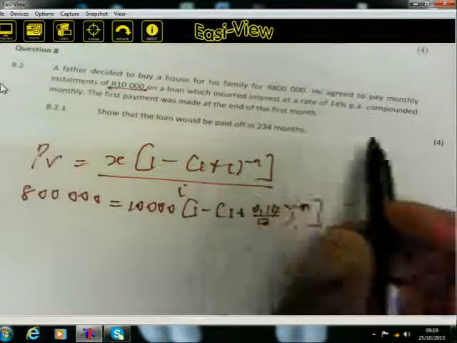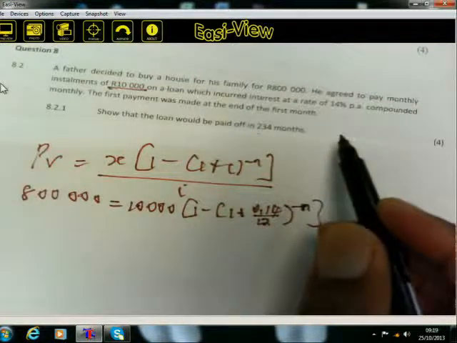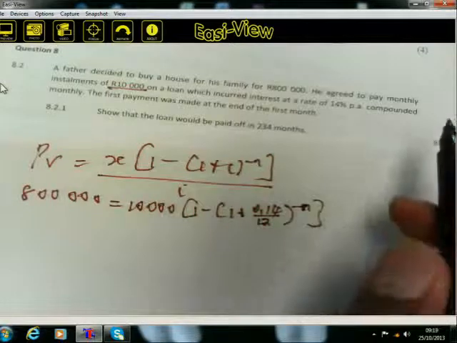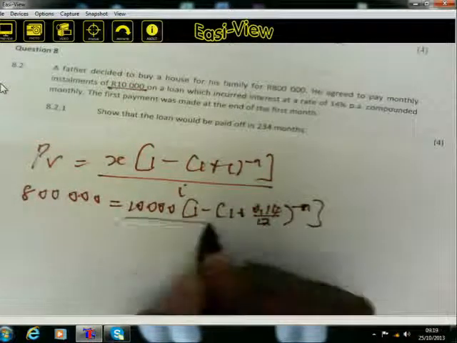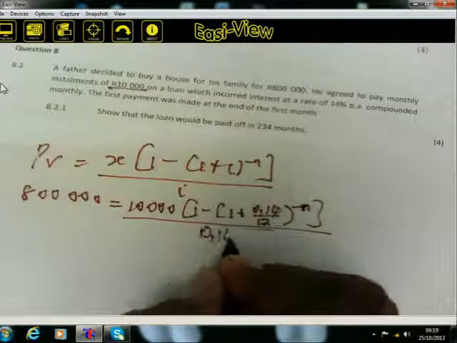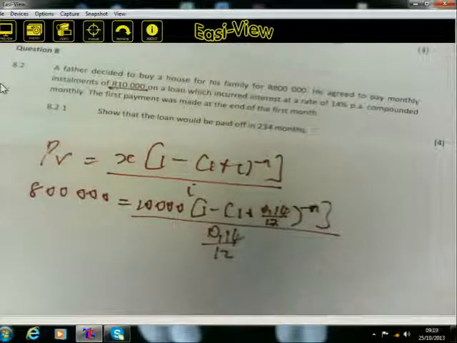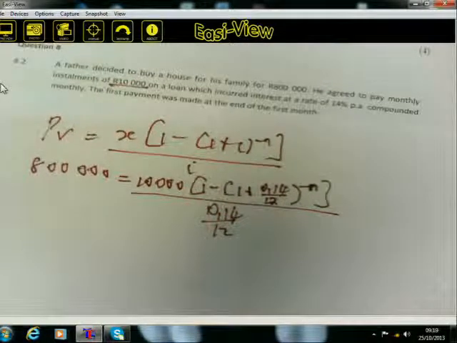We want to show that if n is 234, then the loan will be paid off in 234 months. And then we divide by 0.14 over 12. Right, what is the next step?